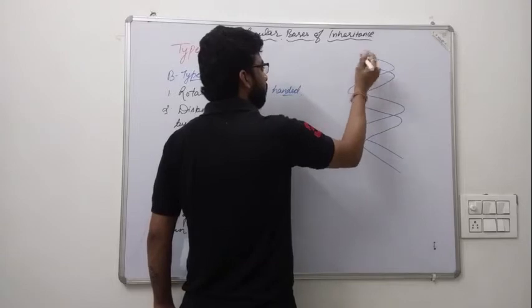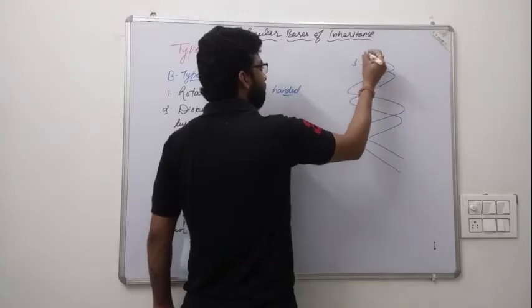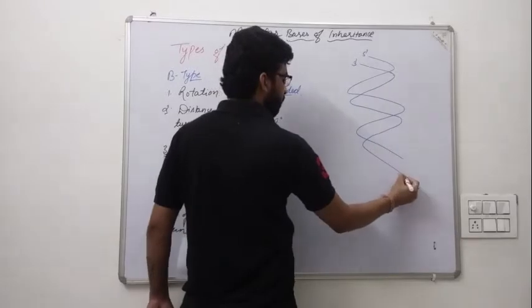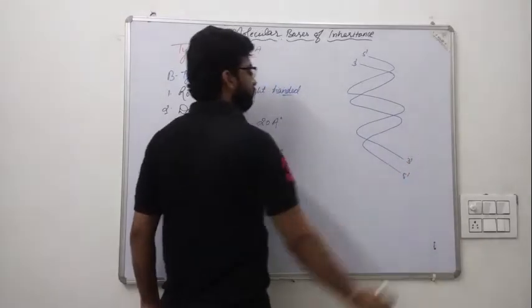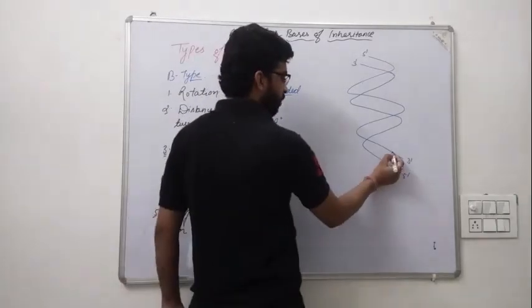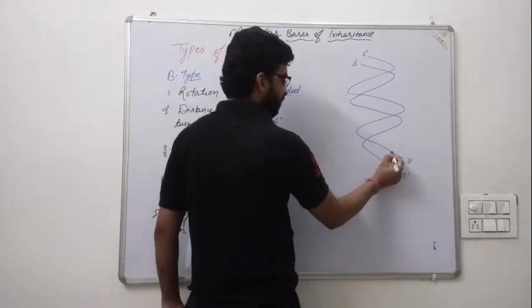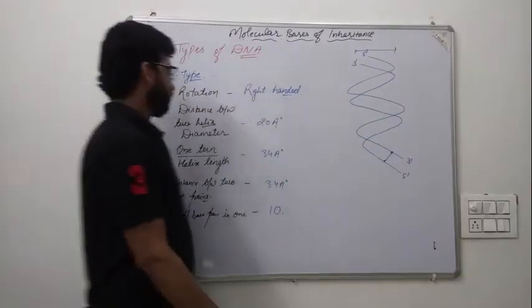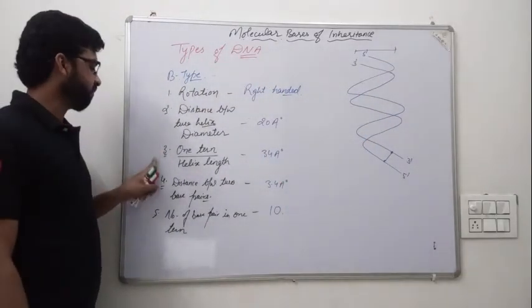If its rotation is 3 prime, then the other is 5 prime. So the distance between these two helix, means the diameter, is 20 angstrom.